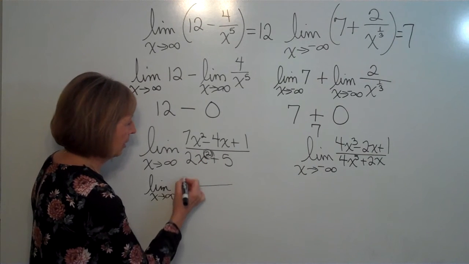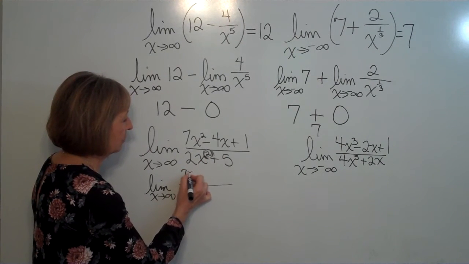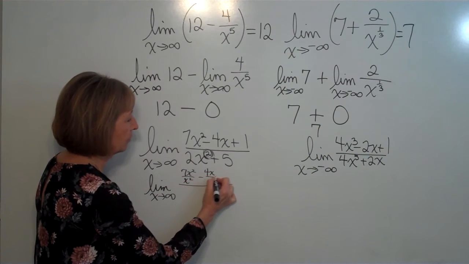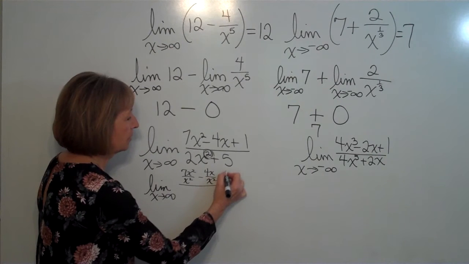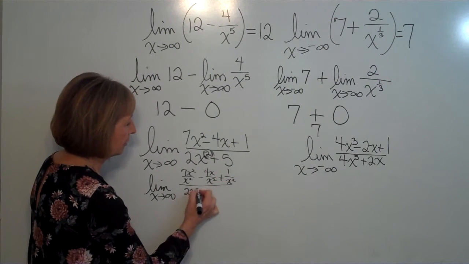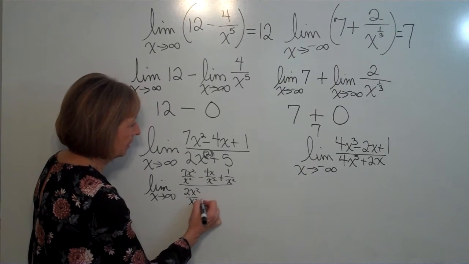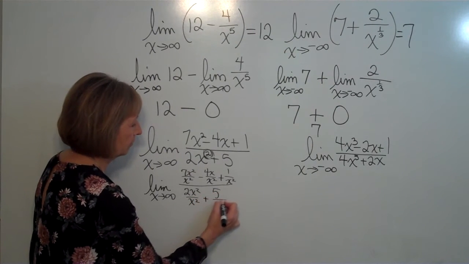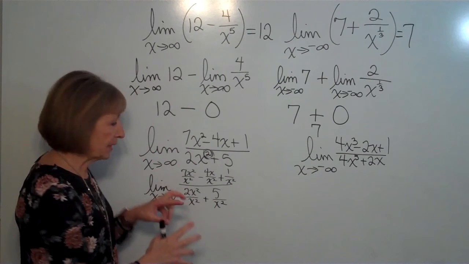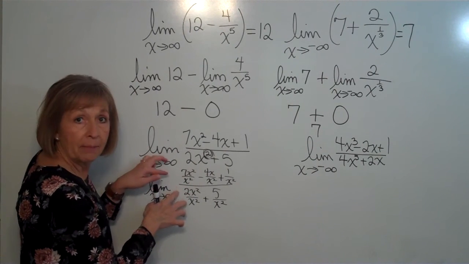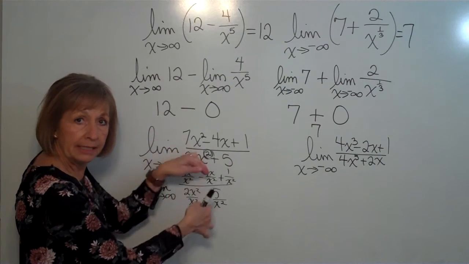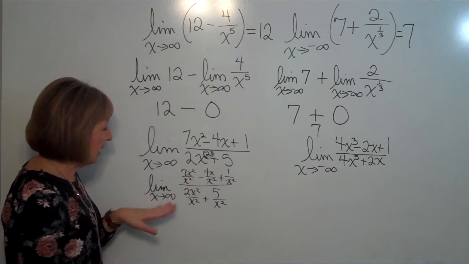So x squared. So I'm going to go 7x squared over x squared minus 4x over x squared plus 1 over x squared. And then it's 2x squared over x squared plus 5 over x squared. Now, I can do this because I'm really just multiplying this fraction top and bottom by 1 over x squared and then distributing it through the different terms.